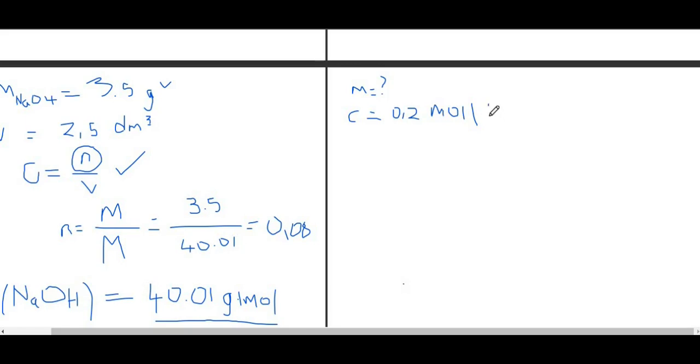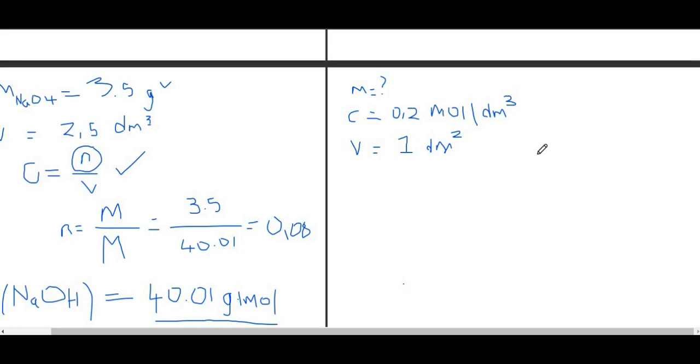What else is given to us? We are given the volume, which they said is 1 cubic decimeter. So you don't need to do any conversions here because everything is as it should be. And you need to find the mass.